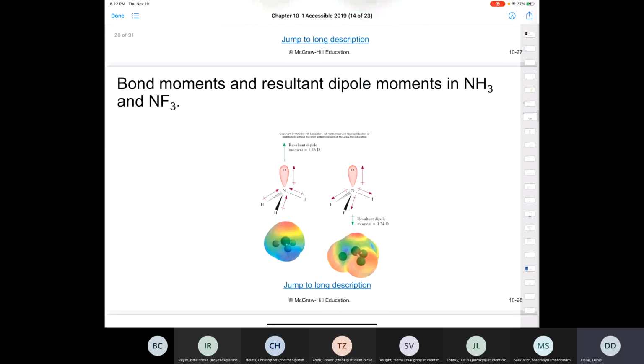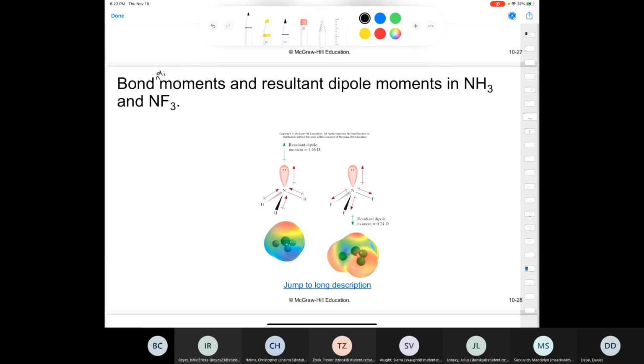Well, let's look at some bond moments. And when it says bond moments, it means bond dipole moments. Dipole moments and resultant dipole moments in ammonia and nitrogen trifluoride. Let me draw these molecules a little bit bigger, and we can hang out on this slide for a little bit. So I'm going to try to draw the molecules the same way they did.